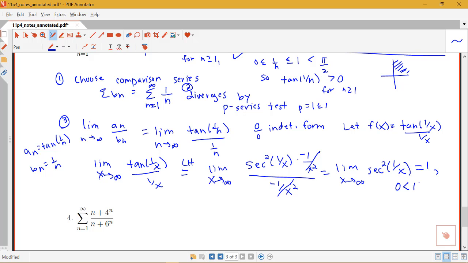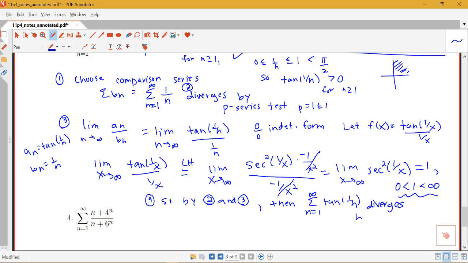Okay, but we notice that 1 does meet the conditions for this test, that it's a positive finite value. And so now I can go to my conclusion and say, okay, so by my work here in 2 and 3, because the sum of my 1 over n diverges, and because my limit of an over bn is going to 1, then my original series, this tangent of 1 over n from n equals 1 to infinity, diverges by the limit comparison test.